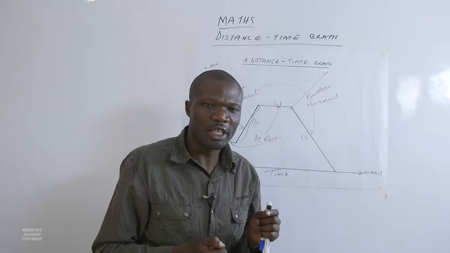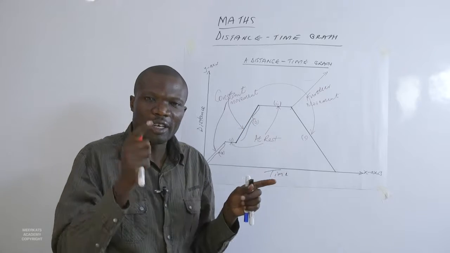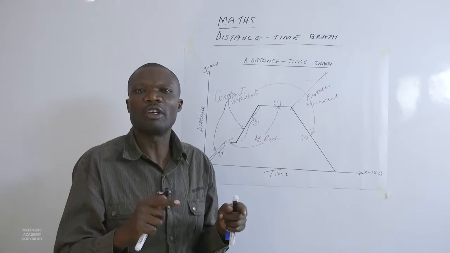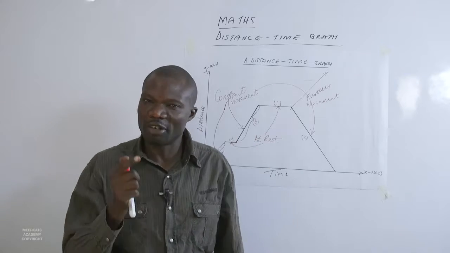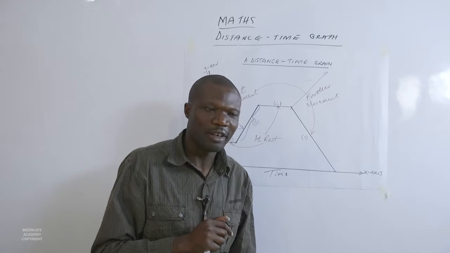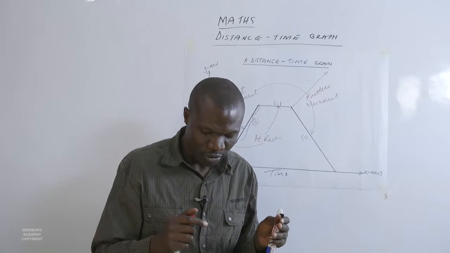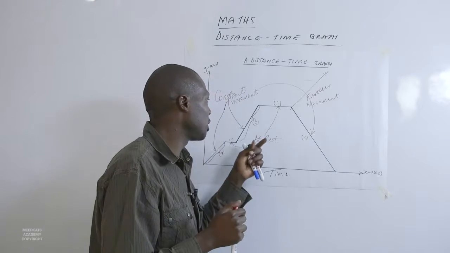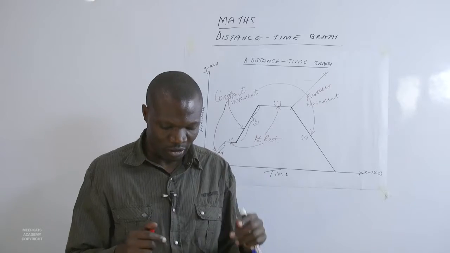Why? Because if we have a steeper graph, then you are driving fast. If your graph is gentle, then you are driving slow. So you can guess where you are. Are you in the steeper segment, or gentle segment, or just flat?